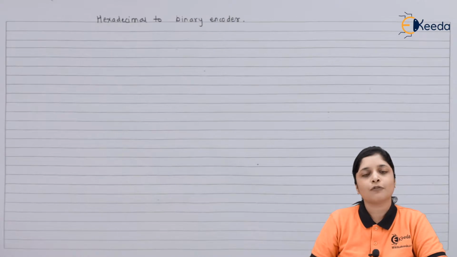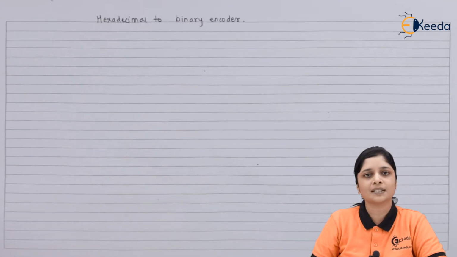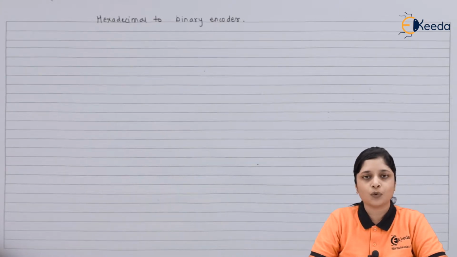So to design the encoder hexadecimal to binary, you have hexadecimal numbers at the input side and binary numbers at the output side. Hexadecimal numbers are 0 to 15 and for each you have to represent a 4-bit binary number. So we will draw the truth table.